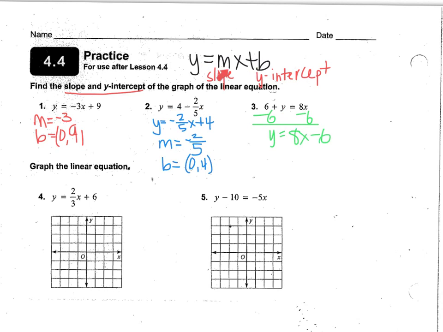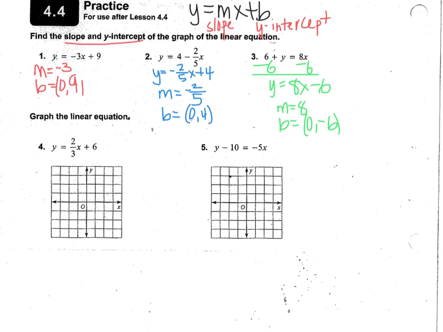So now as I look at my equation, it is in y equals mx plus b form. Even though it has a minus, it's just plus a negative. So the slope would be 8, or 8 over 1, and the y-intercept would be (0, -6).